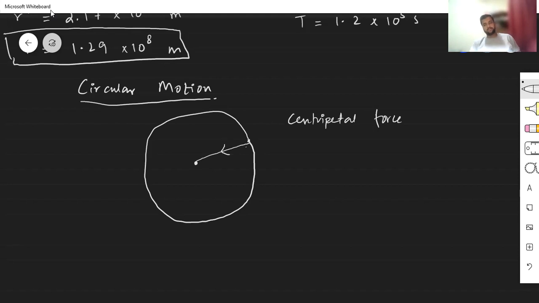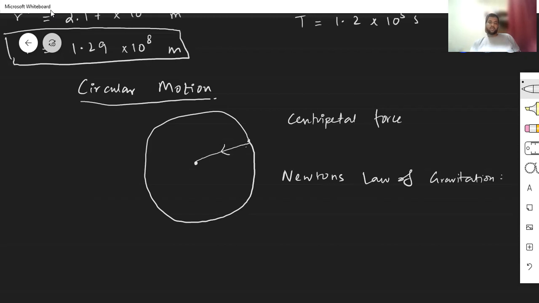Now if we talk about bigger objects, like two planets orbiting around each other, like the moon orbiting around the earth and the earth orbiting around the sun, this field of study also involves Newton's law of gravitation.